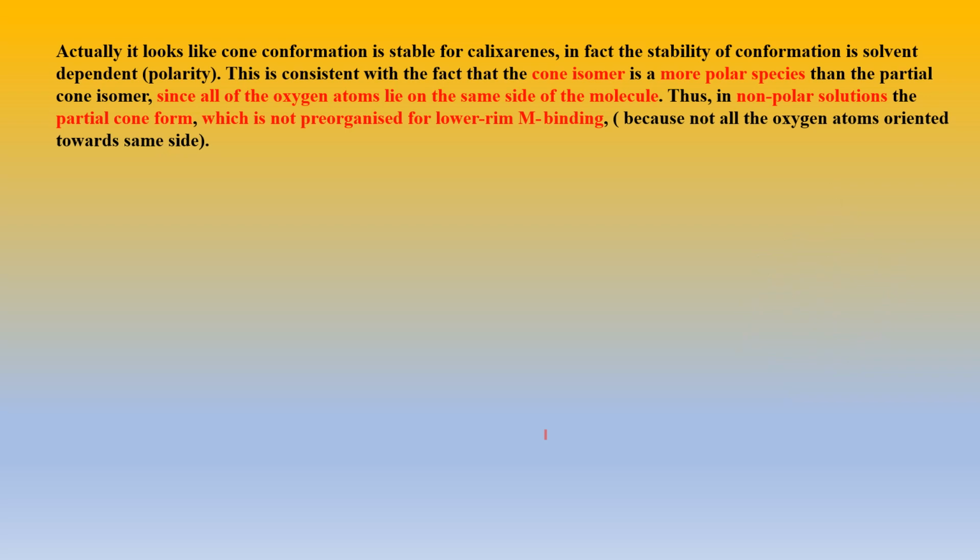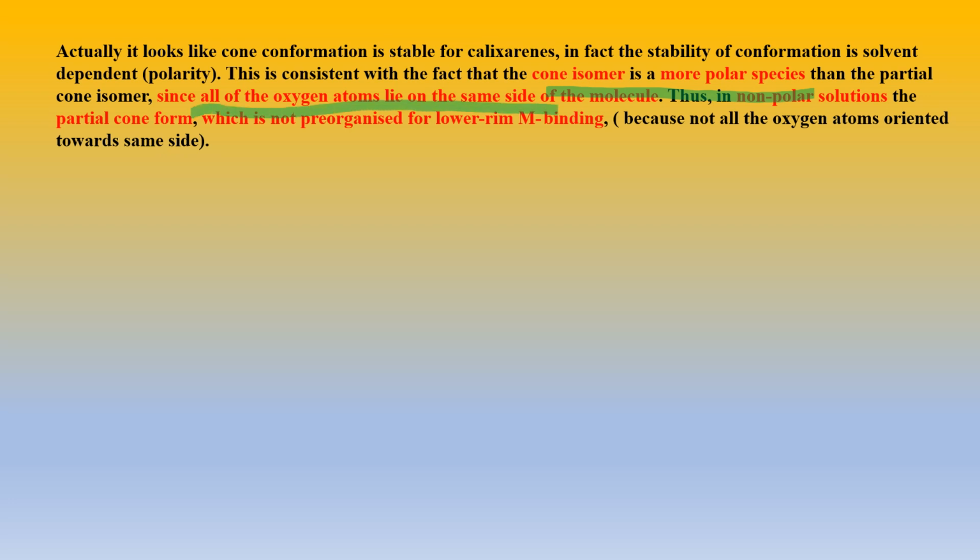Here, regarding the stability of the conformers, as we have already discussed, cone, partial cone, 1,2-alternate, 1,4-alternate, the conformer which is preferred depends upon the polarity of the solvent. For example, the cone isomer is more preferred when a polar solvent is used, while non-polar solutions mostly prefer the partial cone structure.